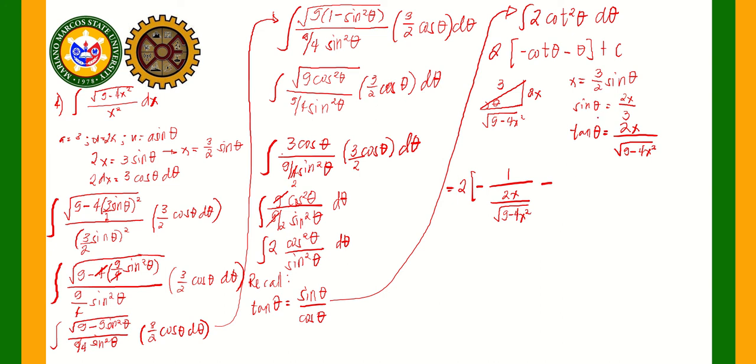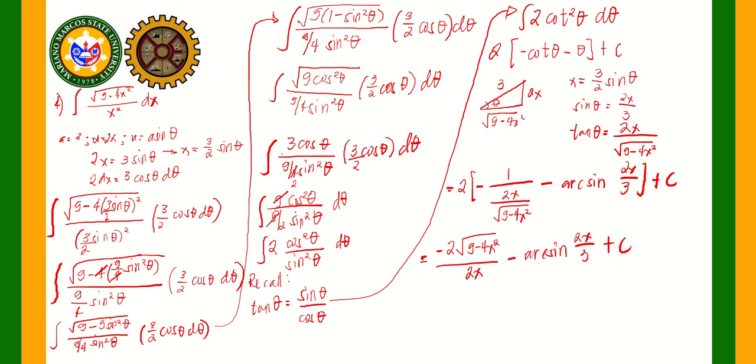Our theta will be equal to arc sine 2x over 3, and then plus c. So let's simplify again. This will be equal to negative 2 square root of 9 minus 4x squared all over 2x minus arc sine 2x over 3 plus c.